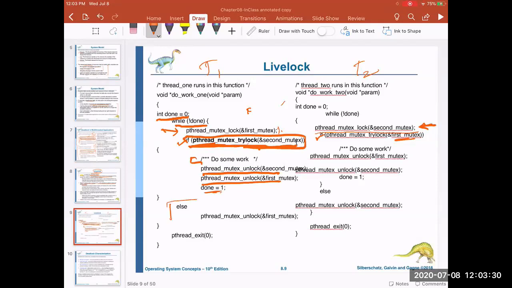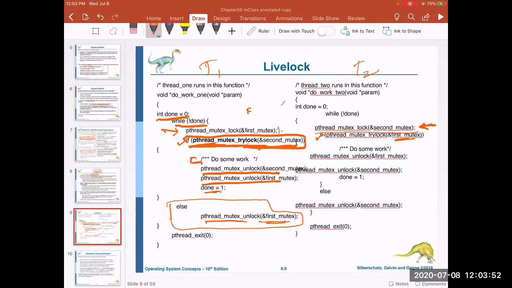The new modification is that it releases the first. If this is not true, then the else condition would work, and the else condition says that the first acquired lock should be released.